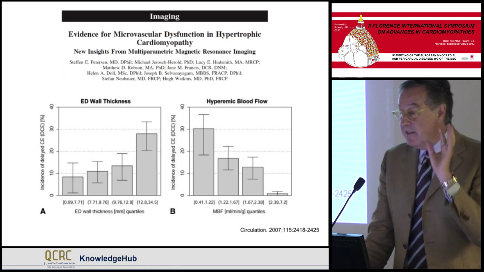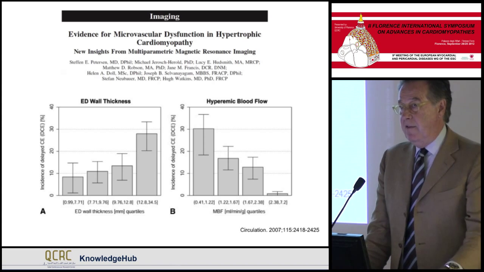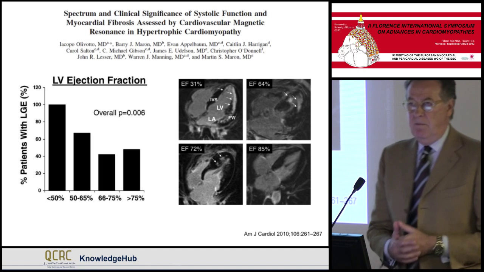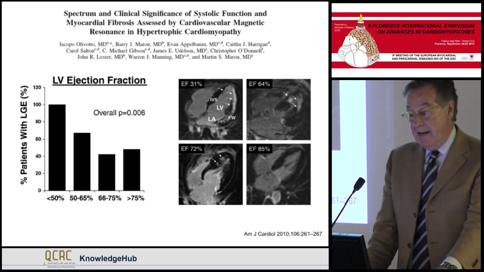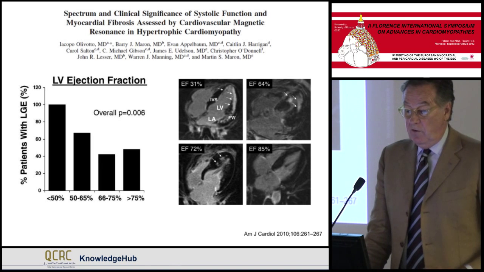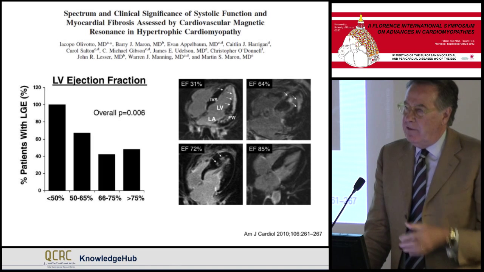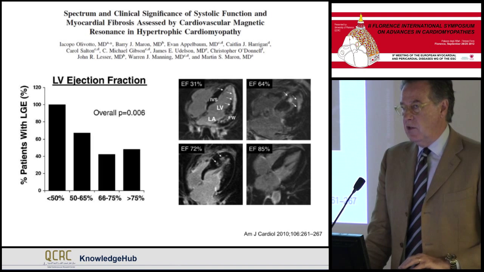Again, there is some kind of link between the flow response and the presence of gadolinium enhancement. We have seen these slides already: the percent of late gadolinium enhancement was associated with the most severe reduction in ejection fraction.